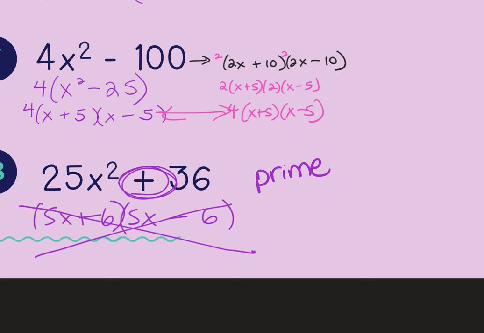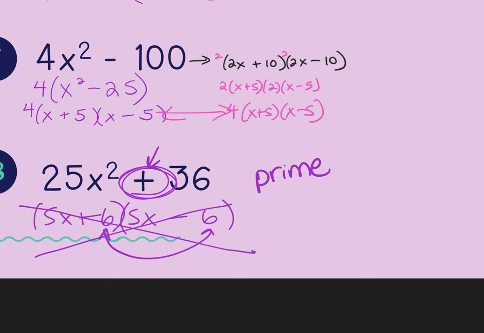Why is it prime? Because there's no way for you to multiply, like if you take your answer and multiply it out, there's no way to get a middle term to cancel and keep the last term positive. If the middle term cancels, it means one has to be a plus and one has to be a minus, which means when we multiply those last two terms together, it's always going to be a negative. Why not just make it a positive? Then you have 3 terms because you're going to have a trinomial.